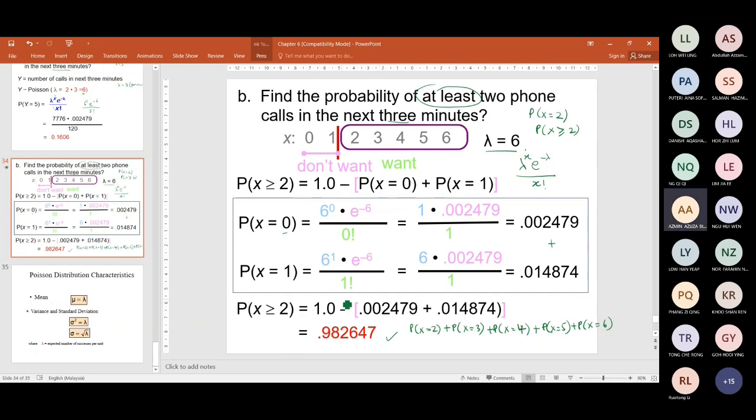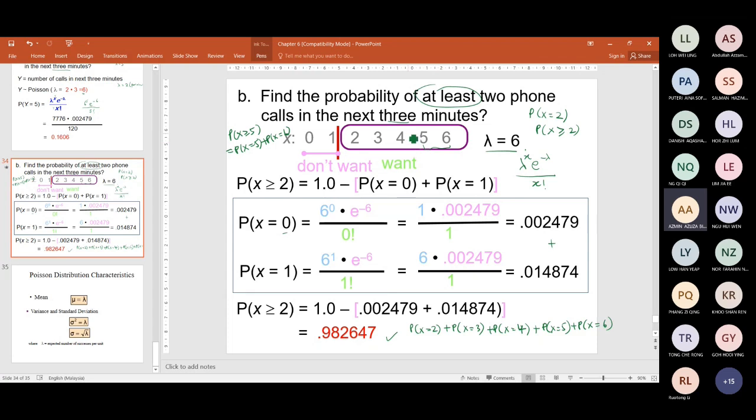So it actually depends. If the question, for example, asks you the probability of, let's say, more than 5, then the probability of more than 5 is just the probability of 5 plus the probability of 6, right? More than 5 is only these 2.